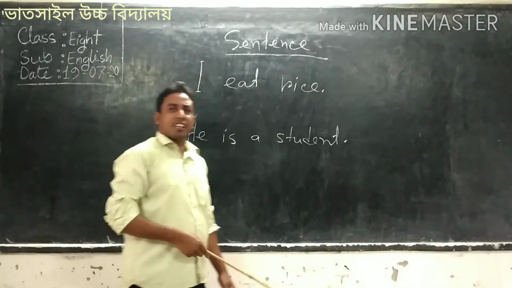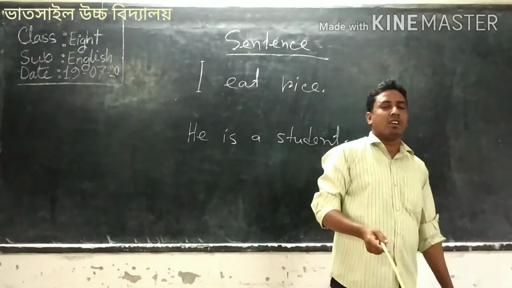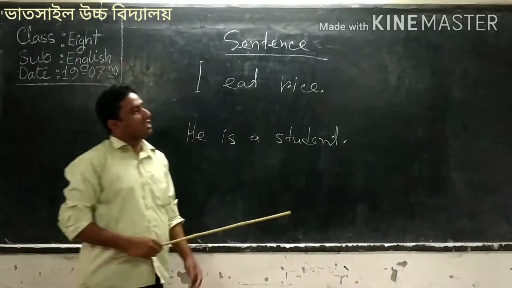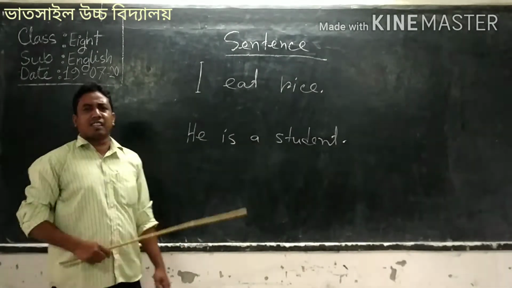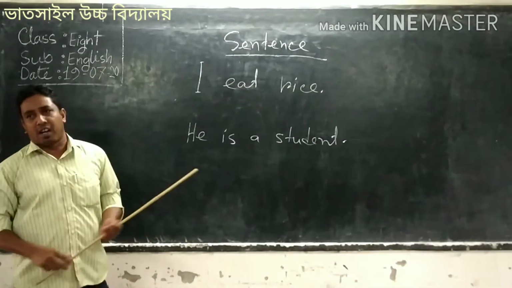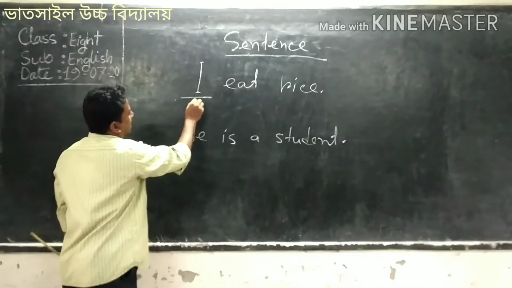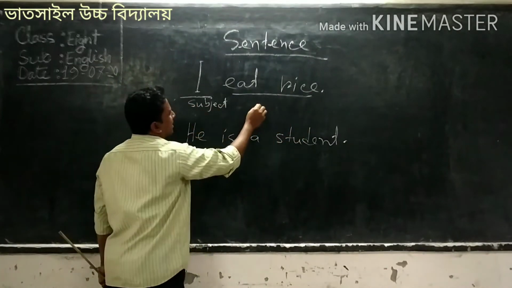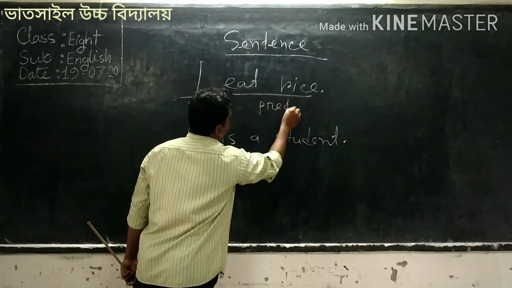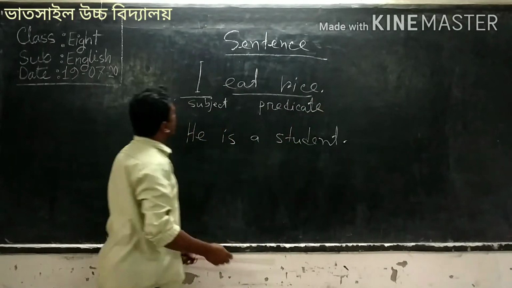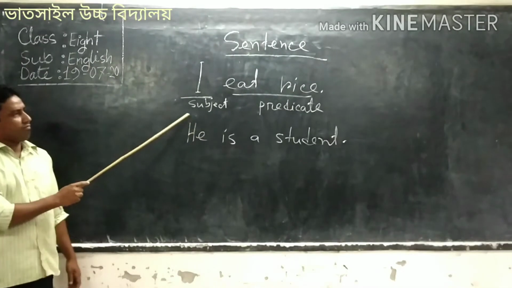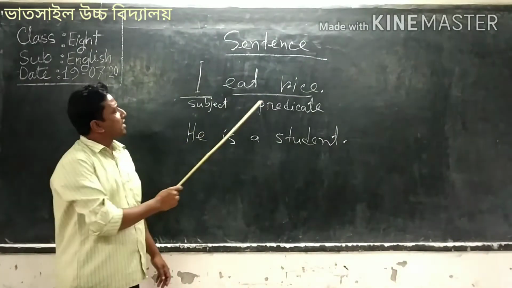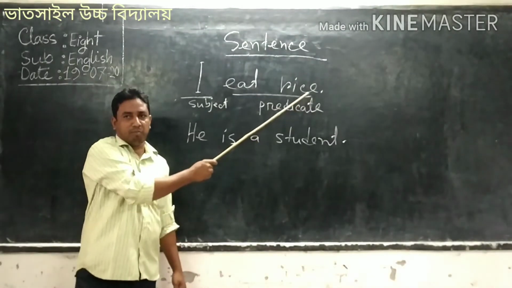A sentence is a collection of some words that make a full sense. When a sentence makes two parts, the first part is the subject and the next part is the predicate. The subject may be set up at first, and the next part after the subject, the predicate, must be set up.